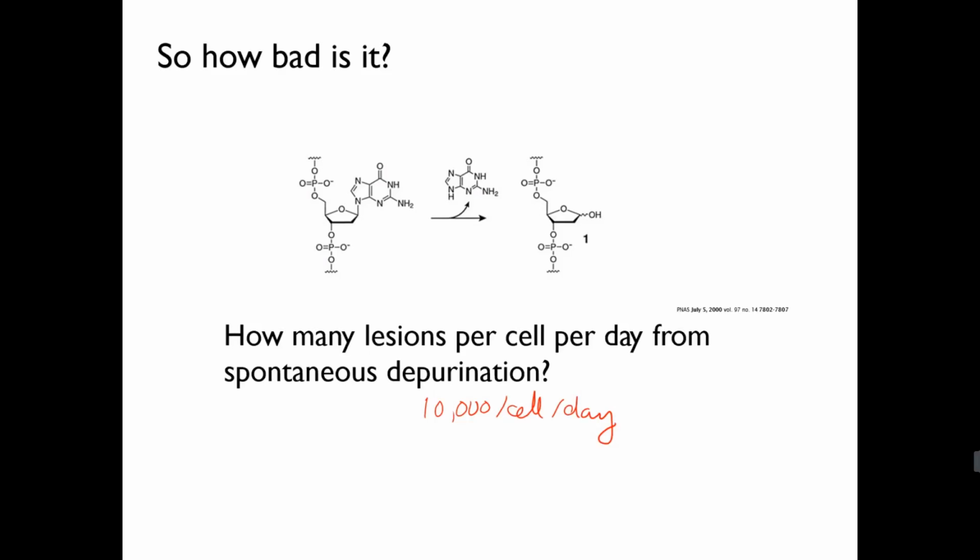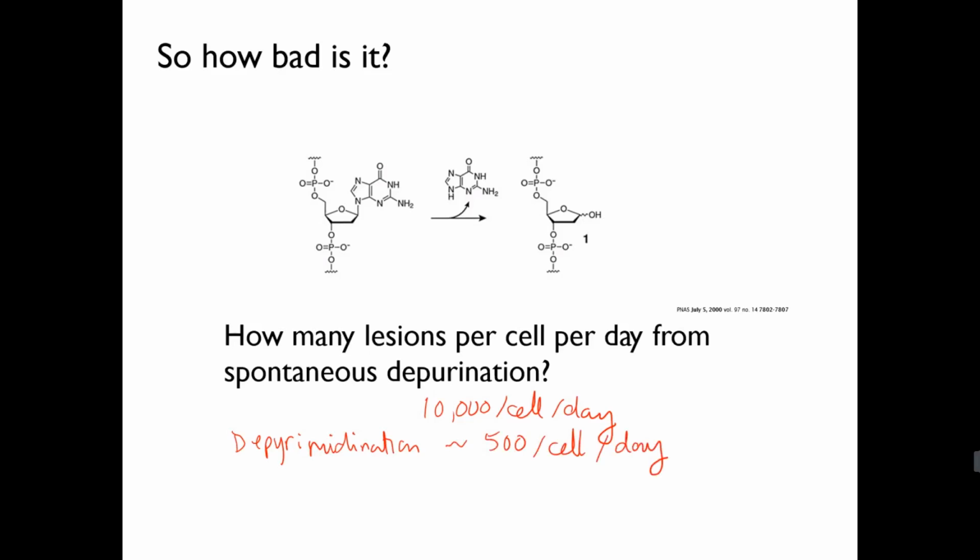Interestingly enough, depyrimidination is only about 500 per day. So depyrimidination is on order of magnitude about 500 per cell per day.